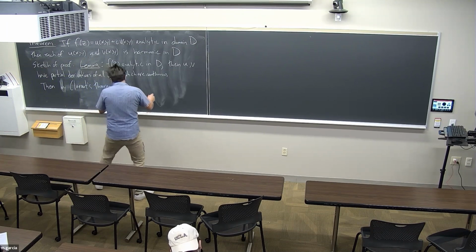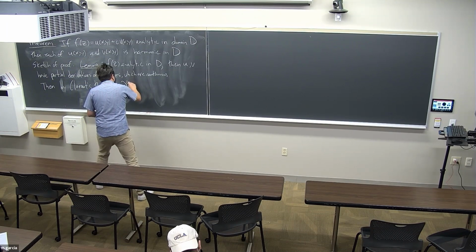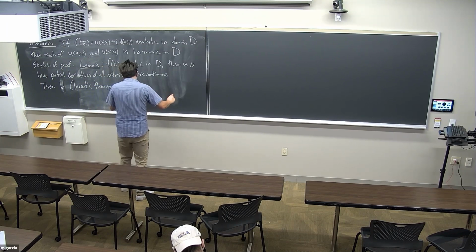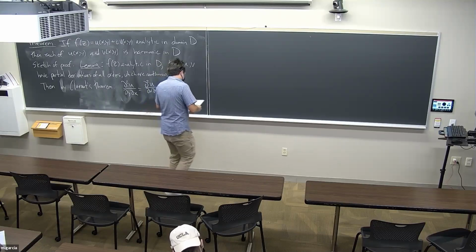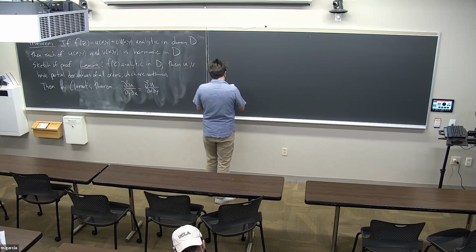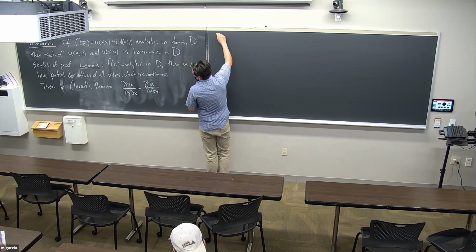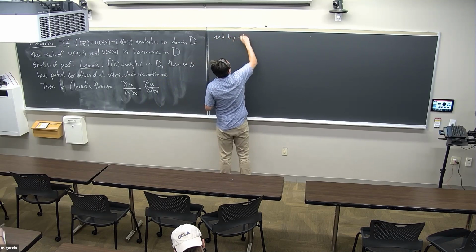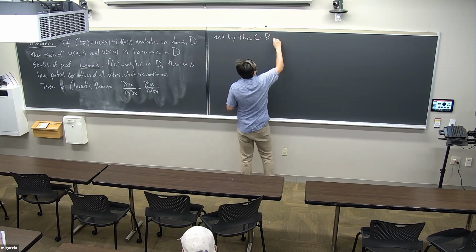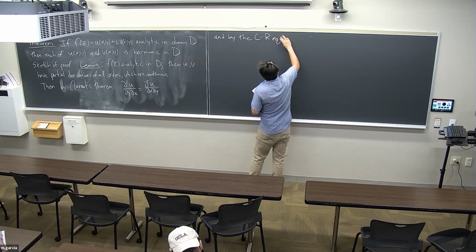We have that the second partial of u with respect to y, just to remind you, this is what Clairaut's theorem says, we can differentiate with respect to x and y in either order. By Clairaut's theorem and by the Cauchy-Riemann equations, we can make the following computation.